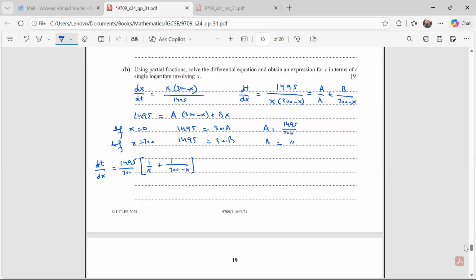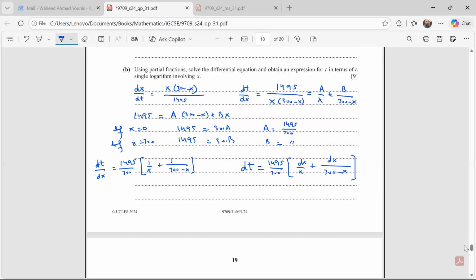And now I am in a position to find the integral of this. So dt is equal to 1495 over 300 into dx by x plus dx over 300 minus x.